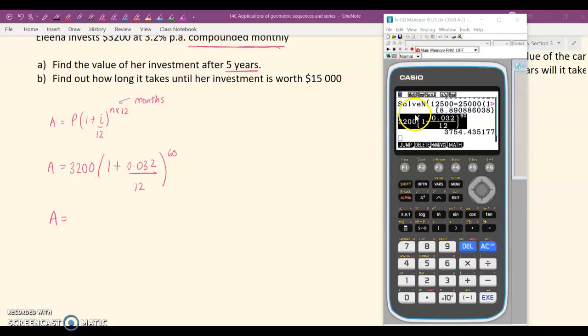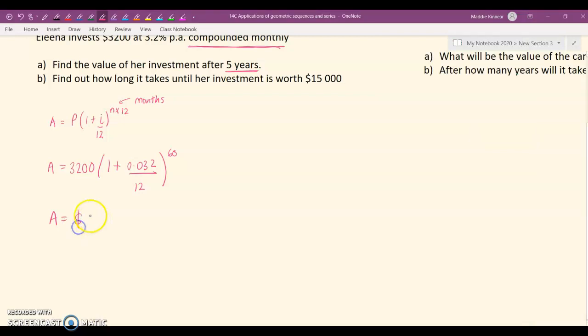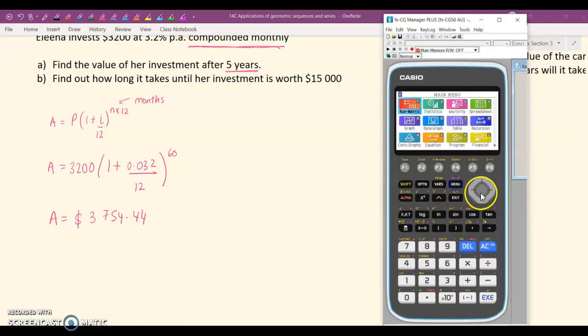The calculator says 3,200 multiplied by 1 plus 0.032 on 12 to the power of 60 comes out as $3,754.44 to 2 decimal places.